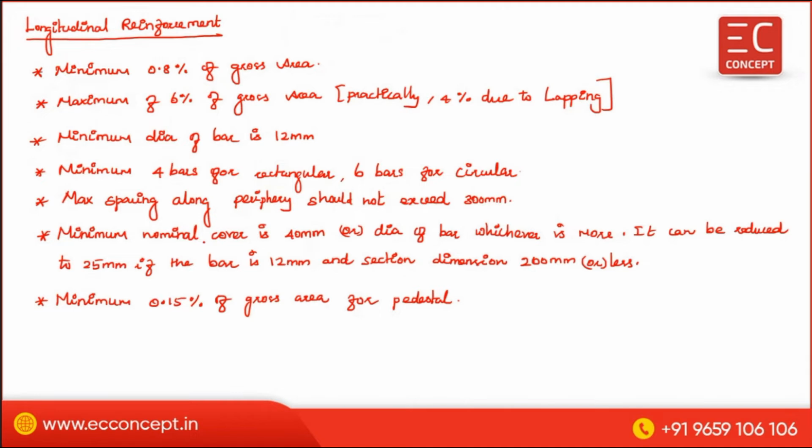So these are the longitudinal reinforcement. You have to keep this in mind repeatedly. These statements are asked repeatedly in state government examinations as well as central government examinations. Minimum 0.15% of gross area for pedestal. A pedestal is a column whose slenderness ratio is less than 3, right?